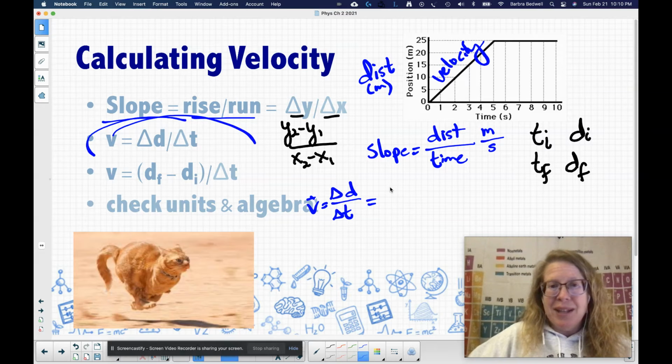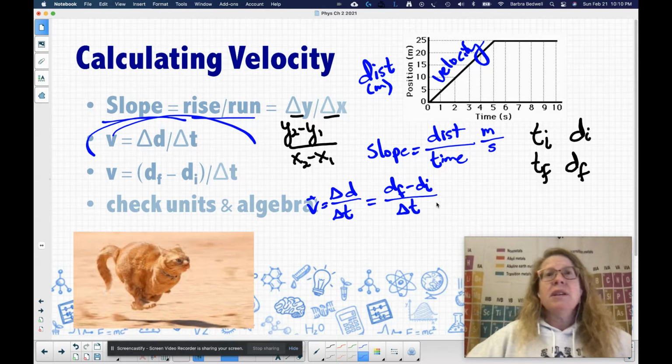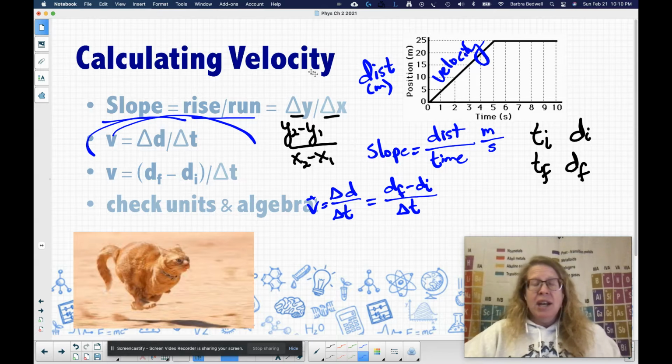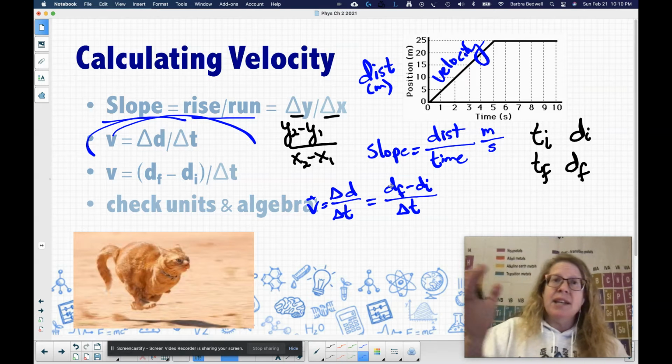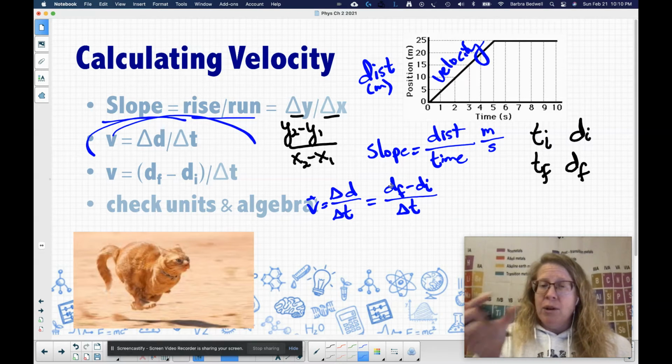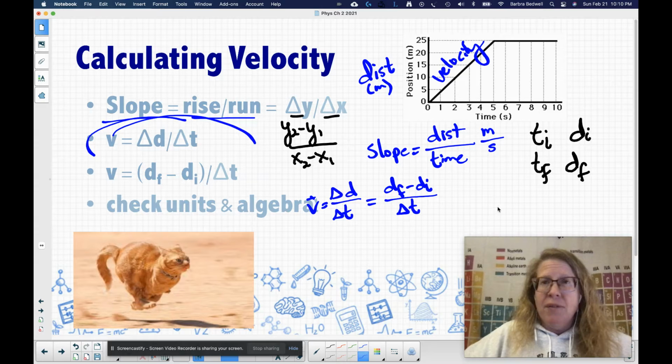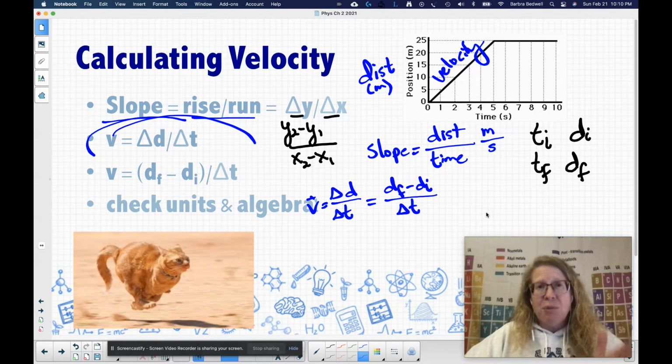So a lot of times it's written like this: df minus di over delta t. Just like we would write y2 minus y1, it's always the final distance minus the initial distance. We want to know how far it went. So if it started at the 5 meter mark and ended at the 23 meter mark, we would do 23 minus 5 to get us our change in distance, our change in displacement.